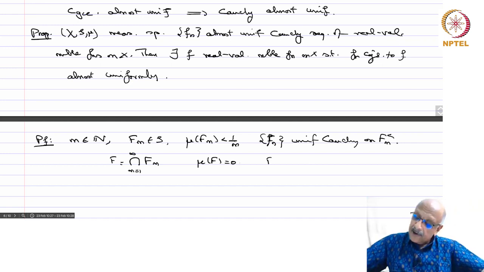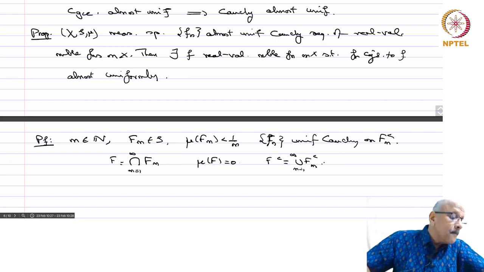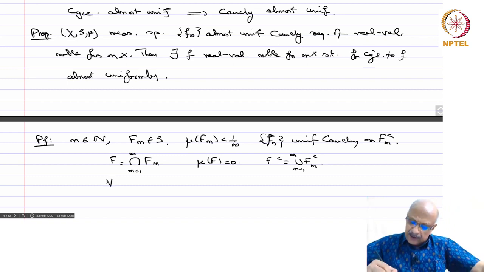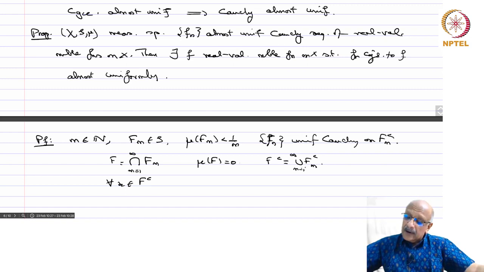And F complement is union F_m complement. So for every x in F complement, it belongs to some F_m complement, and on F_m complement, what do you know? It's uniformly Cauchy. So f_n(x) is a Cauchy sequence.